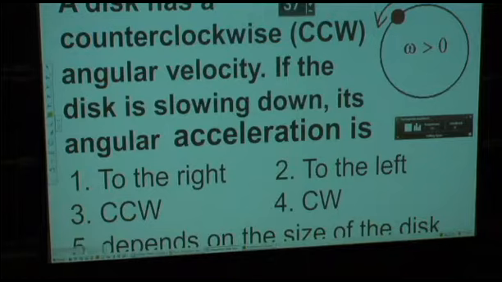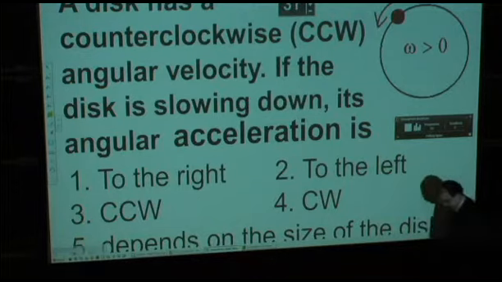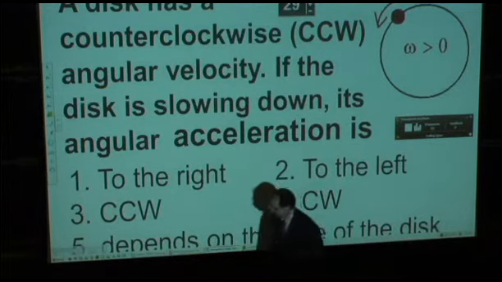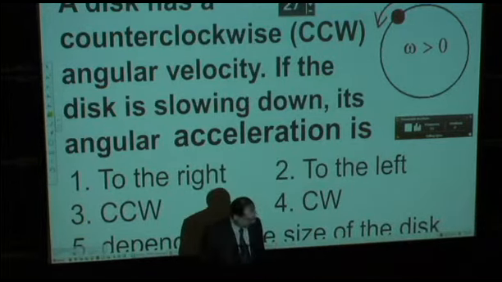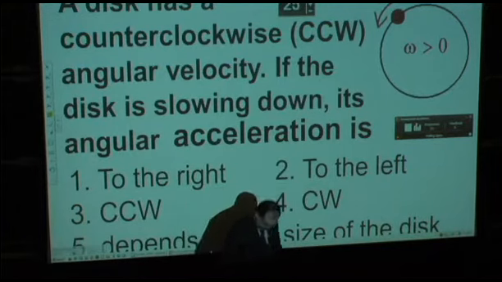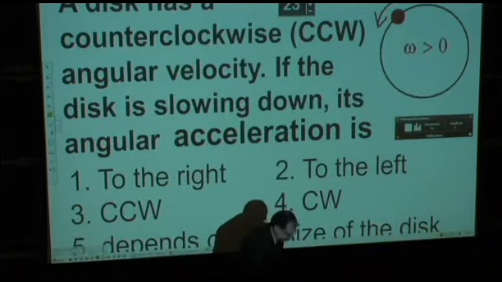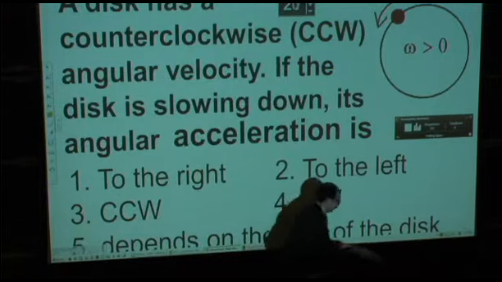That's not a new question, that's a review. A disk.